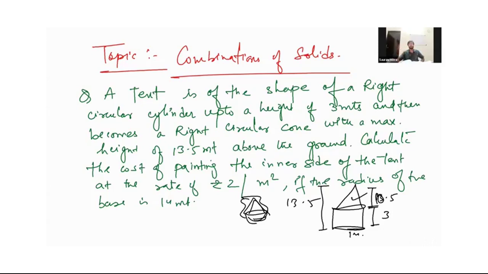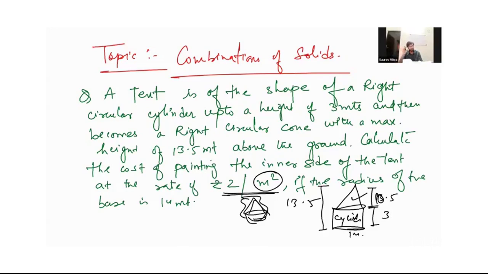This is one of the cases where your base is a cylinder and the top part is a cone. In this we were asked about the curved surface area, that is painting. Painting is directly related to surface area. If you are in doubt whether to find area or volume, you can see here they are asking at what rate, 2 per meter square.